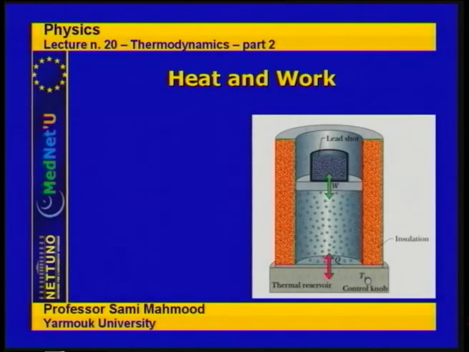That is obtained by the conversion of the units into the international system of units. At this point, we will start discussing another concept, which is the relation between heat and work.